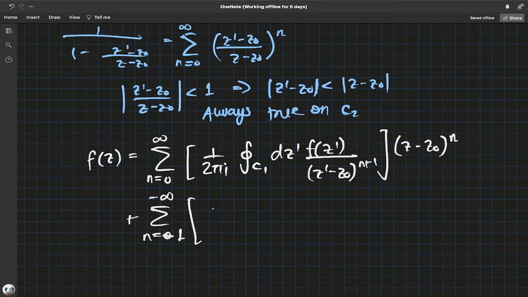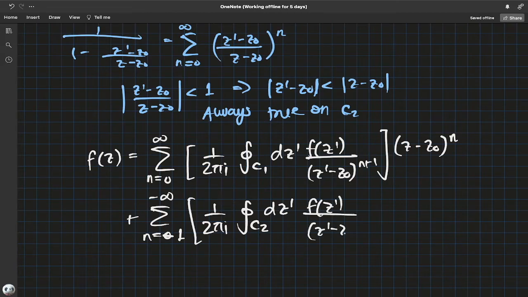I'm just re-indexing everything. Integral over C2 dz' f(z') over (z' minus z naught) to the n plus first power, times (z minus z naught) to the n.